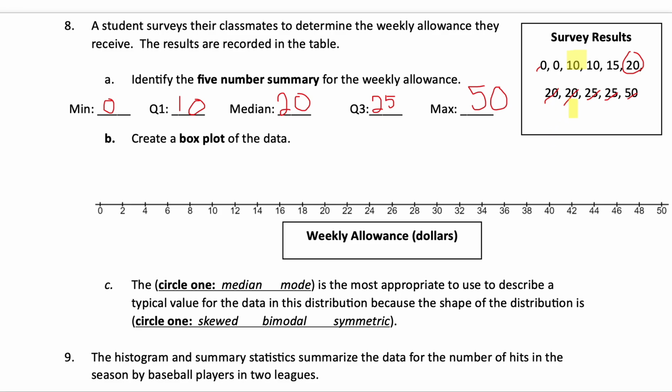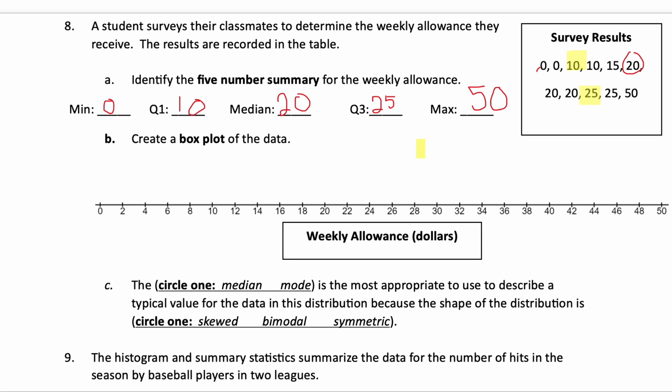Okay, now we're going to do the same thing, right? I like to just do the cross, cross, cross, cross, and our 25 is in the middle. So I'm actually going to erase all of that just so I could clean it up. Okay, so we have Q1, our median, and our Q3.